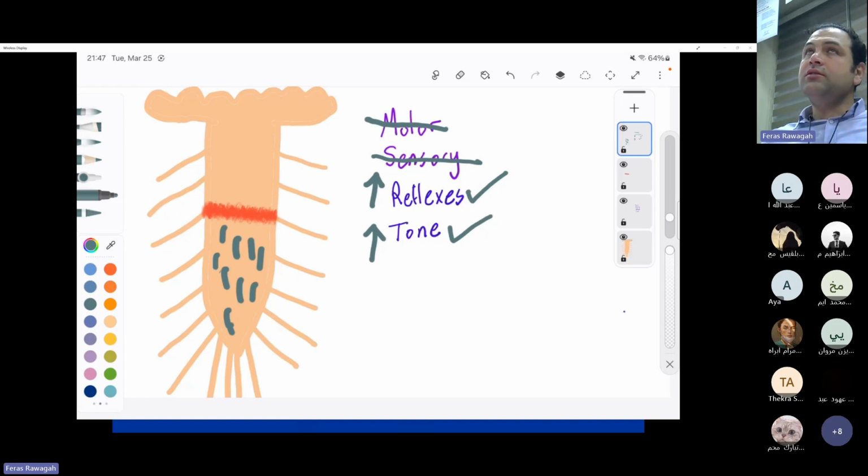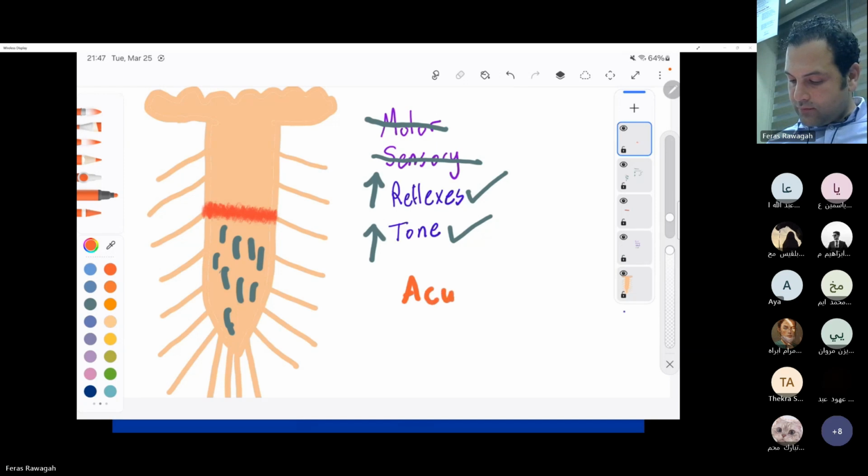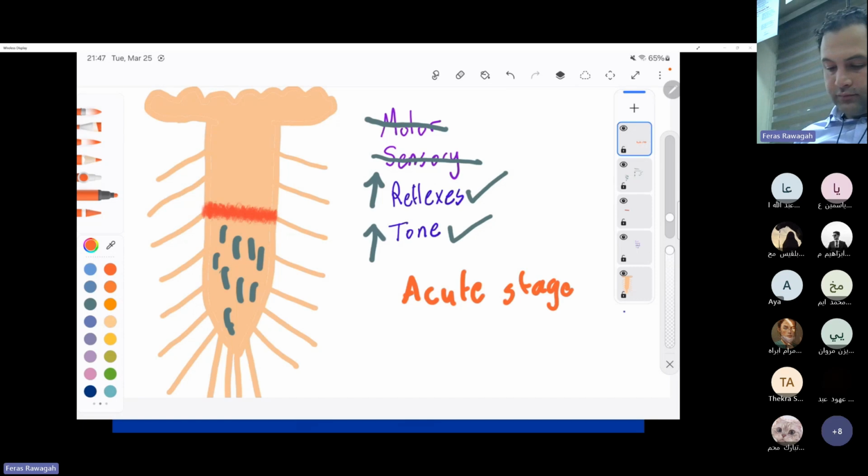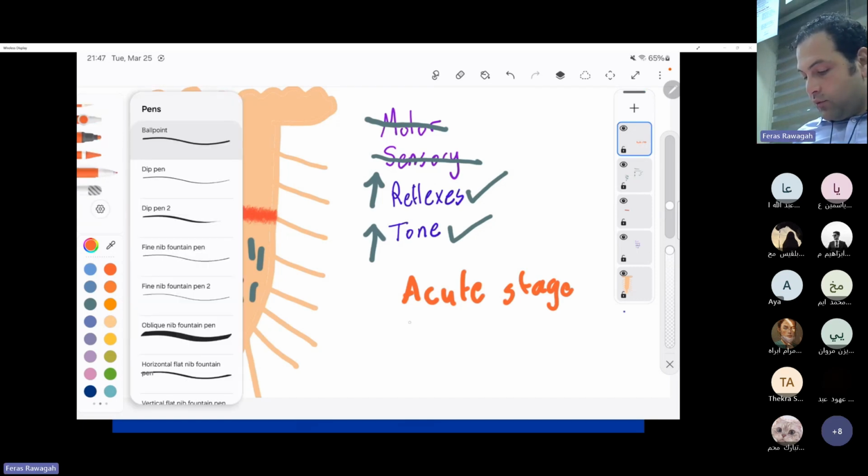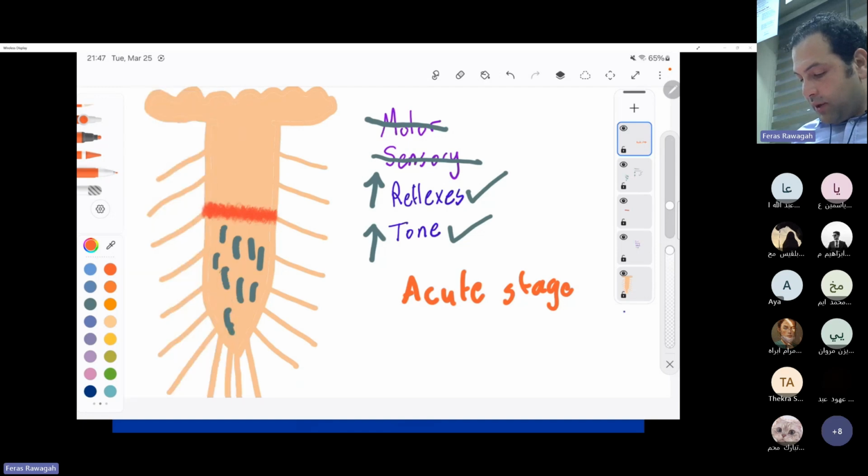Is there an exception? Yes, there is an exception. And the exception is in the acute stage. Actually, in the acute stage, if it's a complete injury, there is something called spinal shock syndrome.